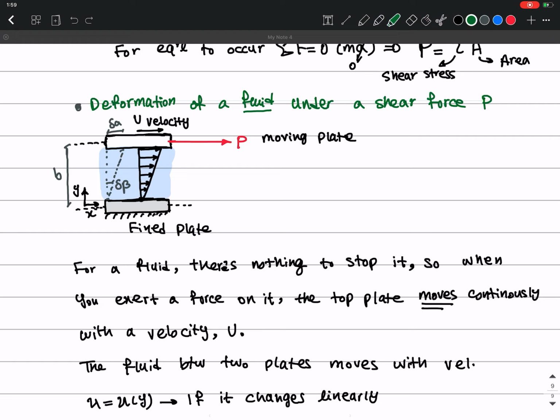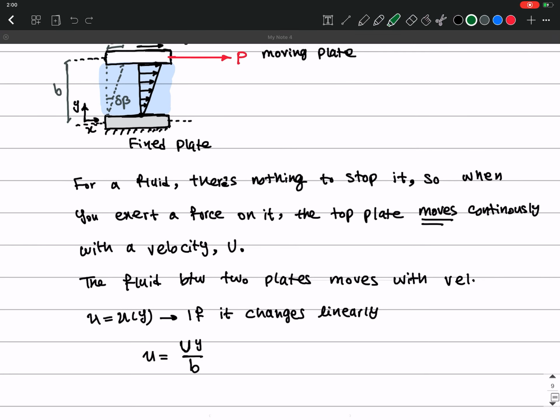The velocities are not the same, so we will have some velocity gradient, and then define viscosity of the fluids based on that. And after we have defined that, we are going to solve one example of it, and this will be the end of chapter 1, and after that we're going to go to fluid statics, which is chapter 2 of the course. Okay, thank you very much, everyone.